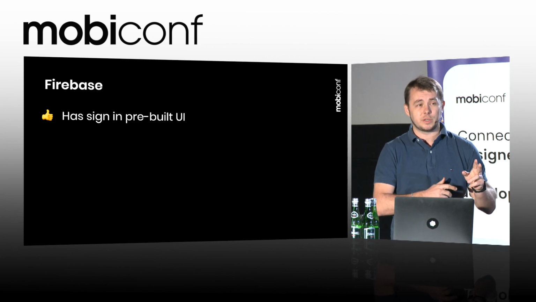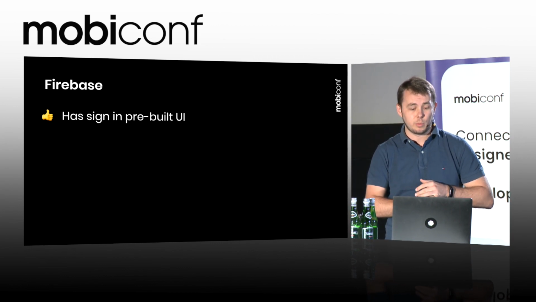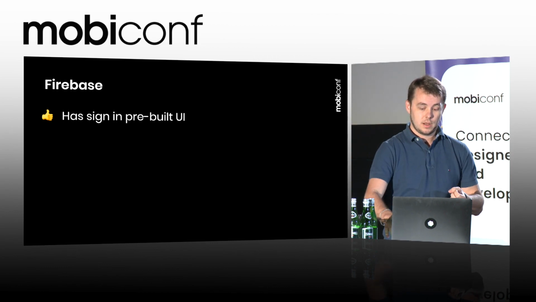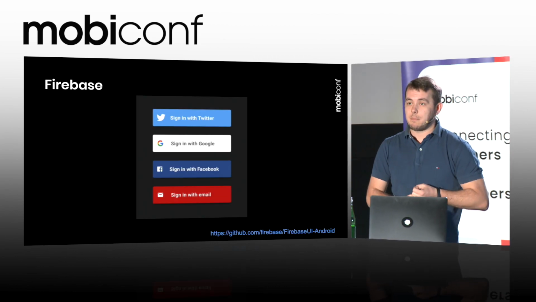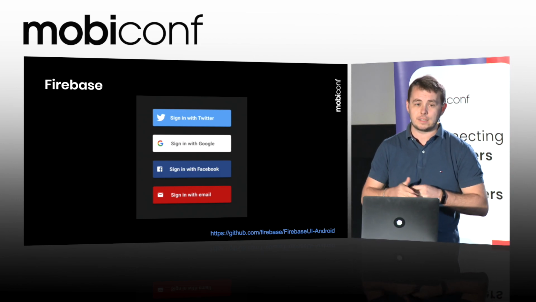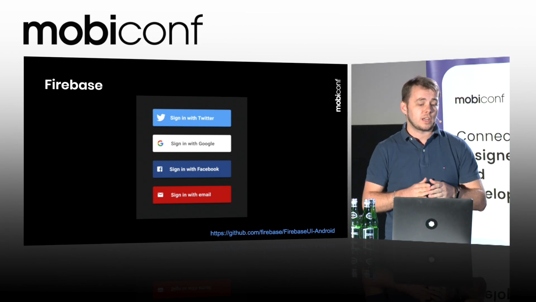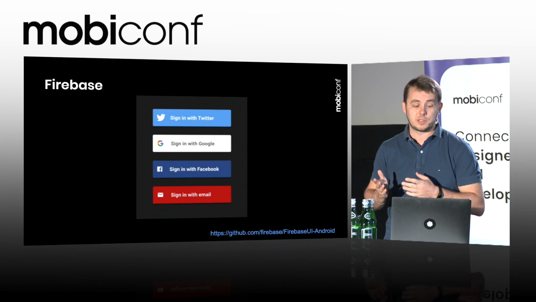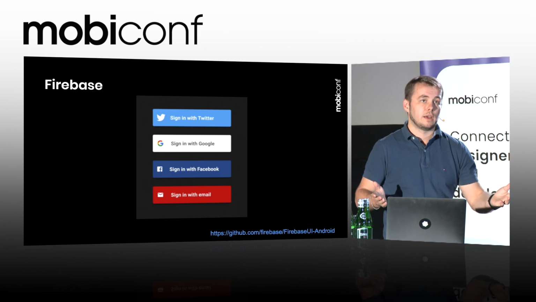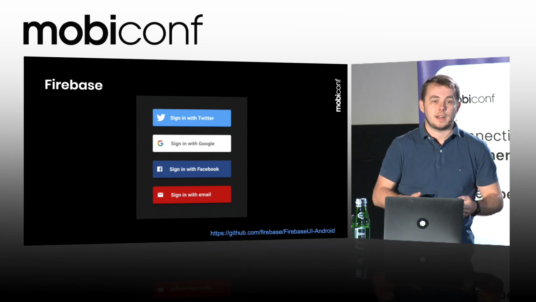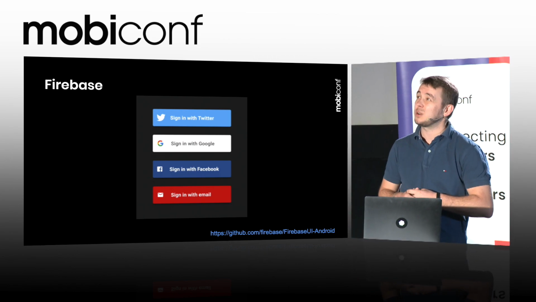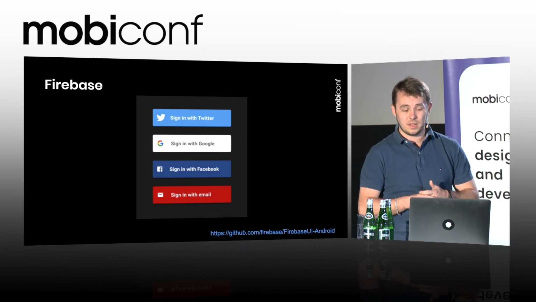There are a few SDKs. One of them only performs authentication, and another comes with pre-built UI. I took this example from GitHub because their examples and their SDK are open source. You can go there and check it out. This is how it looks with pre-built UI. Bring that UI to your app, and the functionality is already ready. You can start using login with Twitter out of the box. So it sounds easy, and it's indeed easy.